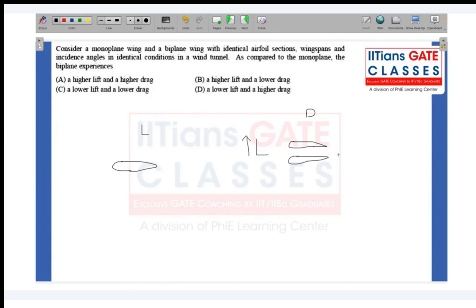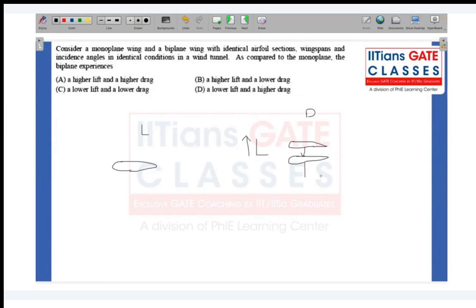contribute to additional lift. And at the same time, some of the induced drag effects from the top wing will be inhibited by the bottom wing, and whatever induced drag effects come from the bottom wing will be inhibited by the top wing. So the 3D effects are quite a lot lesser in a biplane configuration.